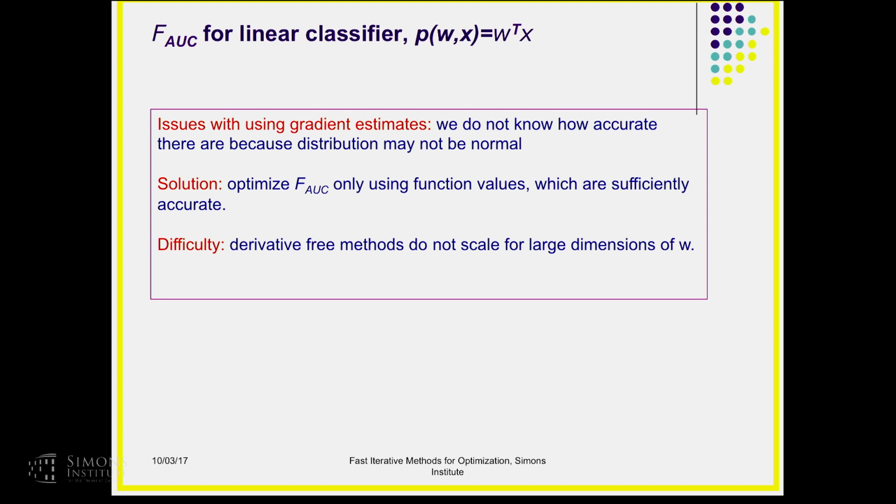But the function estimates that I can compute from just computing AUC are true estimates. They're unbiased estimates of the true expected value function that I'm trying to optimize. So I can actually optimize these functions directly just using function values. I can't use maybe the gradients if the gradients are incorrect, but the function values are useful for me. So here I can indeed use something that does not use derivatives.